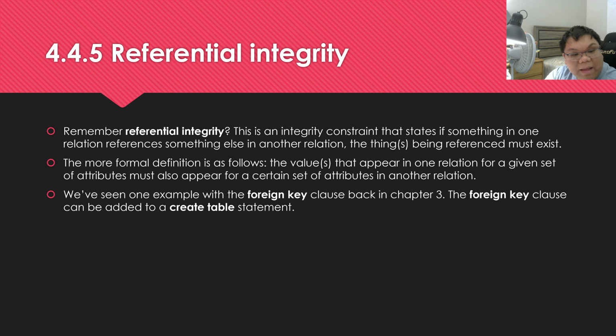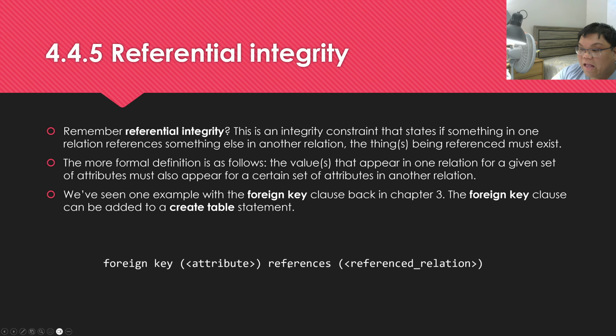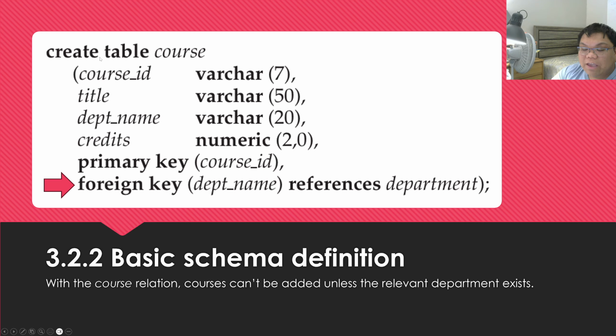We've seen one example with the foreign key clause back in Chapter 3. That can be added to a create table statement: foreign key attribute references reference relation. So in practice, it would be part of the create table command, where foreign key department name references department. This basically means that we can't add courses unless the relevant department exists.